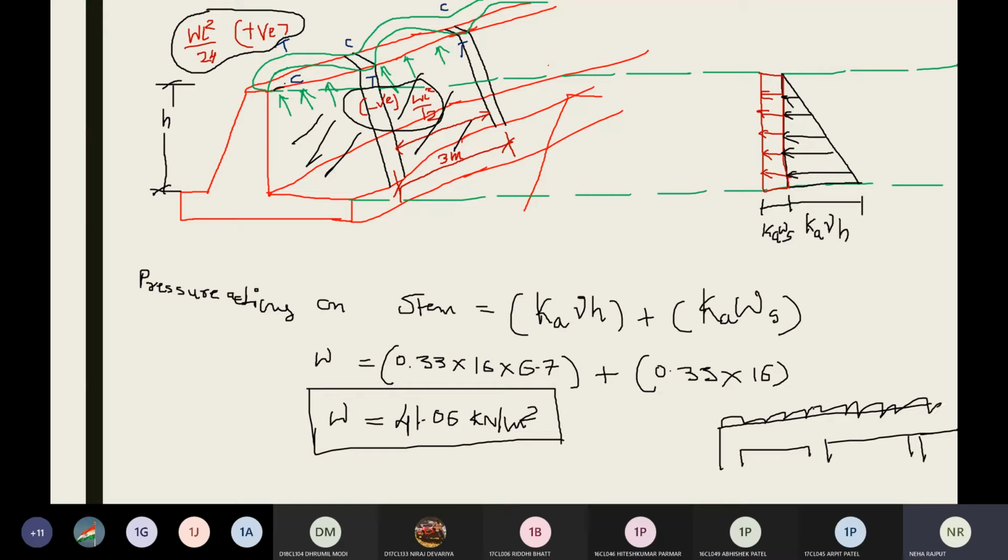This load is 41.06 kilonewton per meter square, and the distance is 3 meter center to center between the counterfort members. And now you are going to find the moment at the mid span and moment at the support.